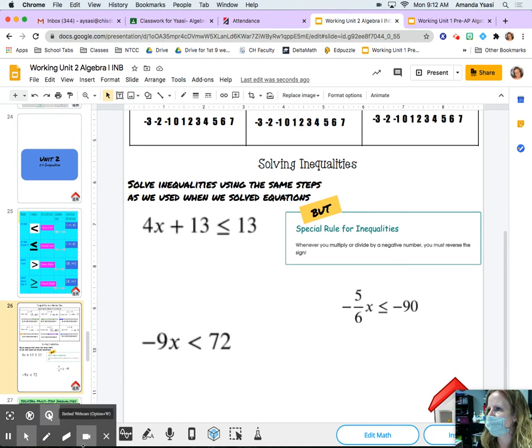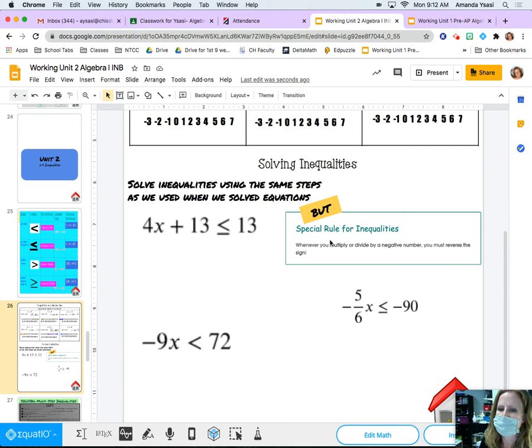Solve inequalities using the same steps as we used when we solved equations. So we are going to write this in our journal, and then we can insert a picture. We do need to look at this special rule, though. Whenever you multiply or divide by a negative number on both sides, you must reverse the sign.